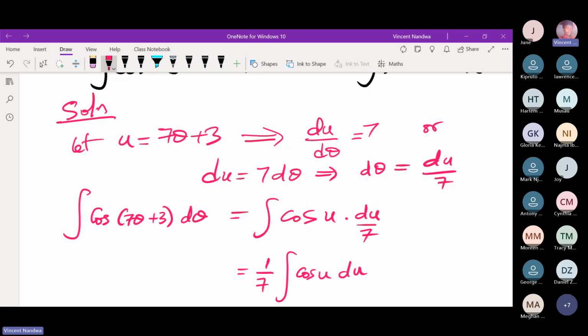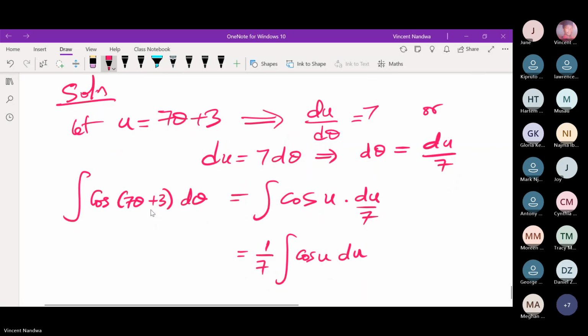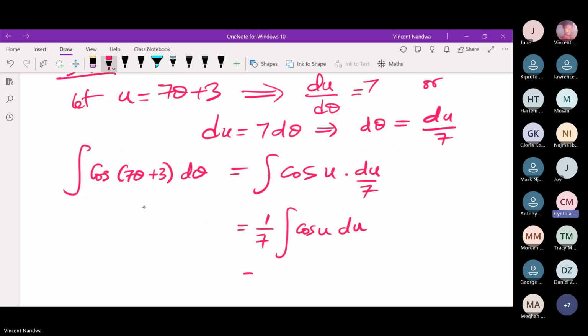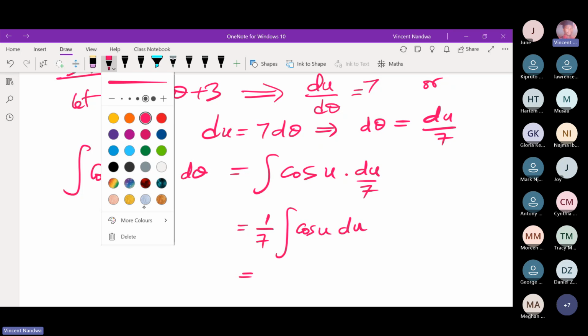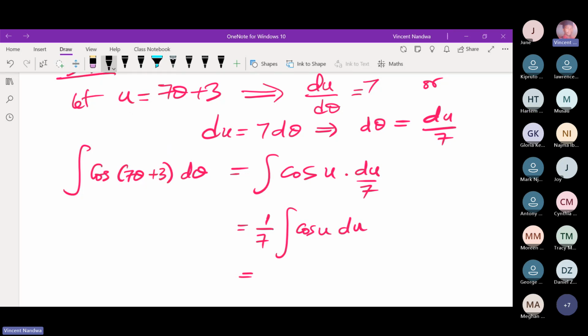So the integral of cosine function is always positive sign. When you are integrating cosine, the answer is positive sign. Don't confuse with when you are differentiating cosine. So this will be 1 over 7 sine u plus c.